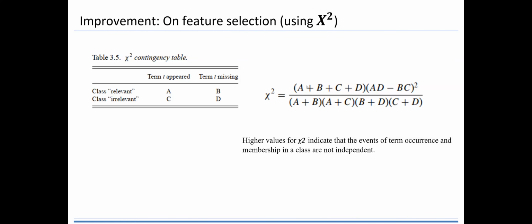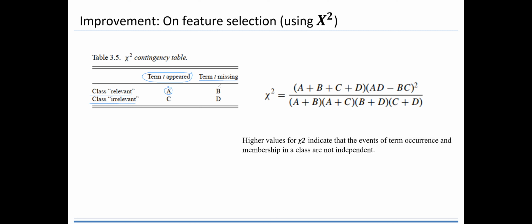In this section, I would like to explain only the chi-square contingency table. The chi-square contingency table means I have two classes, like class relevant and class irrelevant, and then I have the frequency, how many times this term T appears. So this is the frequency, and then the term T missing.